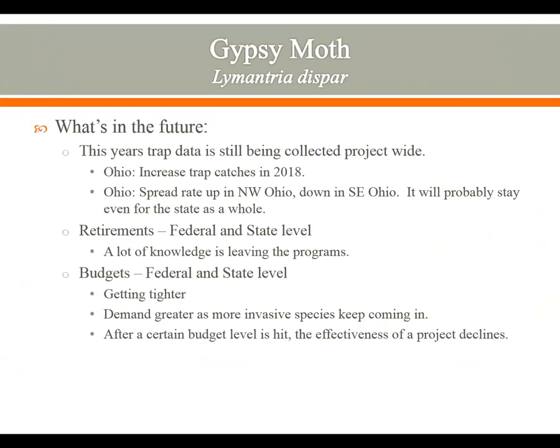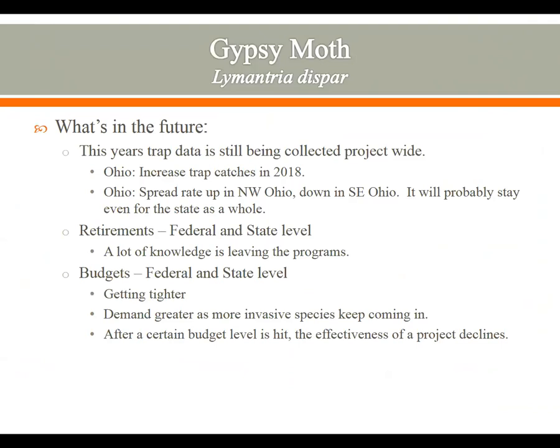What's in the future? This year, trap data is being collected project-wide. It hasn't all been filtered in yet, so I don't know what's going on in the STS project area as a whole. In Ohio, we did see an increase in catches here in 2018. We had roughly 43,000 moths caught compared to last year at 16,000.